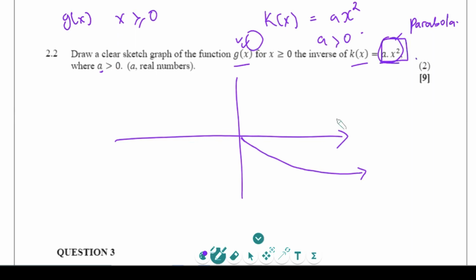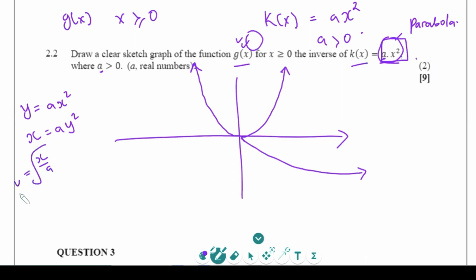The parabola moves in this sort of direction regardless, depending on the value of a. For the inverse, you switch the x and y, so x is equal to a y squared, then divide both sides by a and find the square root. Something like that.